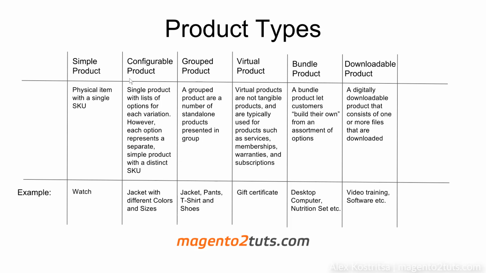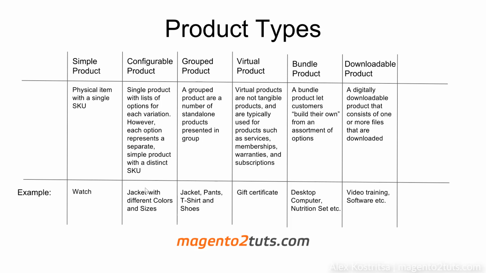The next one is a configurable product. Let's check the definition. Configurable product is a single product with a list of options for each variation. However, each option represents a separate simple product with a distinct SKU. So here is an example. For example, we are selling a jacket. I'm not a big fan of brands, but I wear Tommy Hilfiger, and this jacket could be in different sizes and different colors.